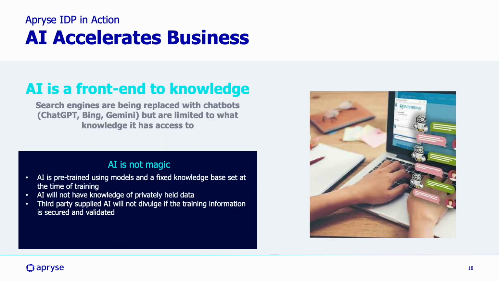We have talked at length now about what Apryse IDP is, but now let's give some examples of how it can actually help you and drive your business forward. Now, AI is taking over the world. It is what is on top of mind of all private enterprises and businesses. It's changed how we do work.